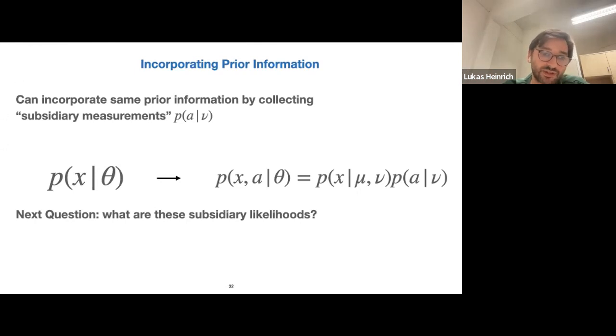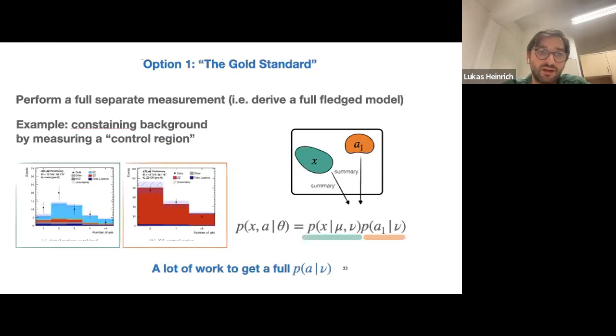So then the question is, how do you get these subsidiary likelihoods? There are two degrees of sophistication here. You can have the gold standard, where you add into your likelihood a full-blown measurement that somebody else has done.